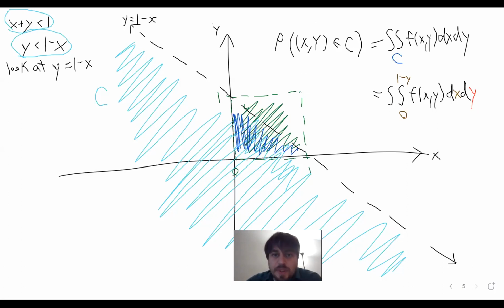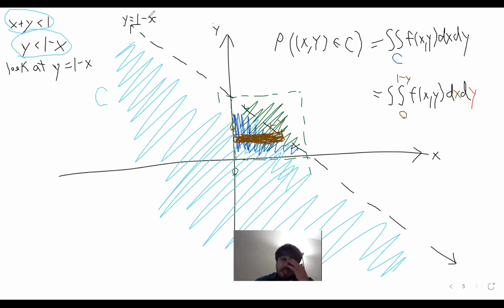Let me draw that with my hands. When you do a double integral, you can think of a rectangle going in the appropriate direction. This rectangle denotes the fact that the x values range from 0 to 1 minus y. This is x equals 0. This is x equals 1 minus y, the line y equals 1 minus x.